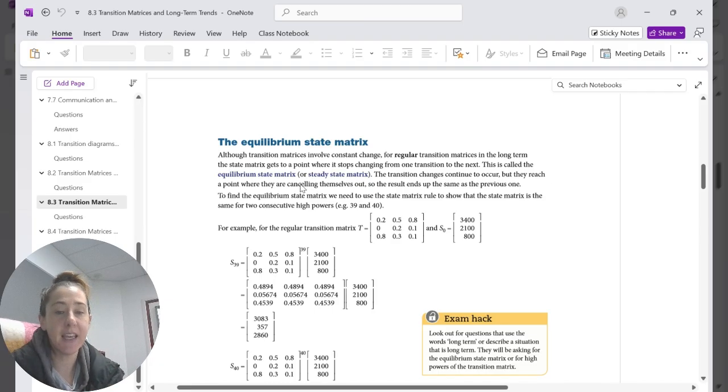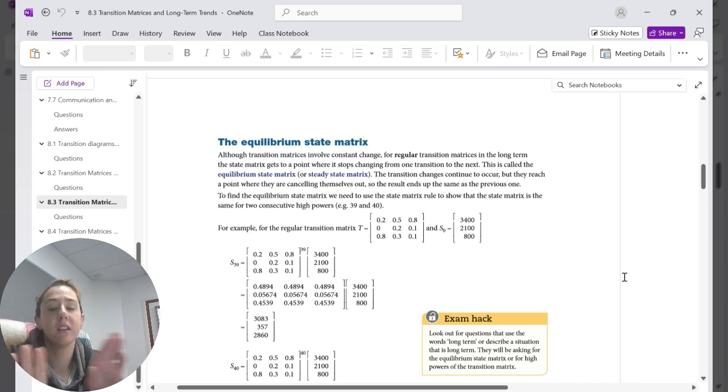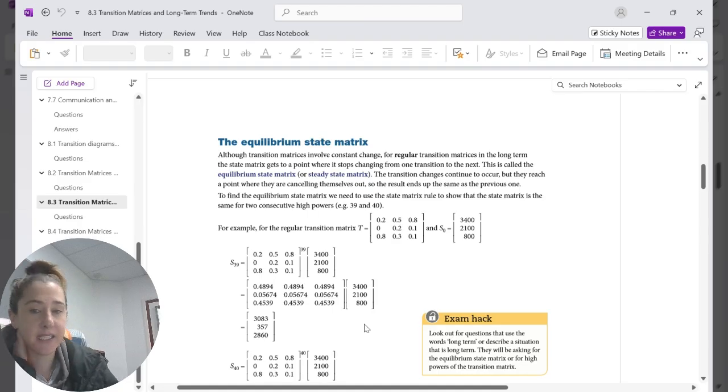To find that equilibrium state matrix, we have to get to two consecutive high powers, and they stay the same. For example, we might raise our transition matrix to 39 and multiply it by our initial state, get the value. Then we might raise that transition matrix to the power of 40, multiply it by our initial state, and we will end up with almost identical values, which means that we have hit an equilibrium state or steady state matrix.